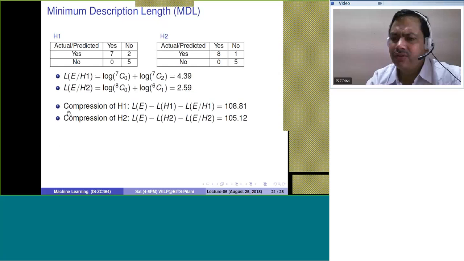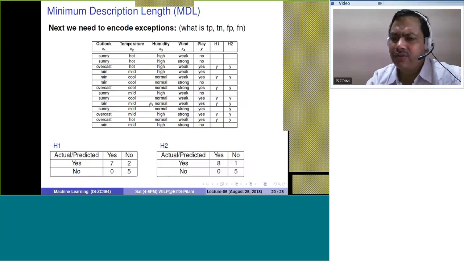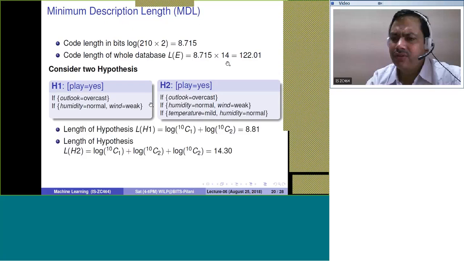Now again let me go to the original equation, where we want to find out how much compression we can do, and after doing the compression, how many bits I can save. Originally how many bits do we have? 120. Now we have done the computation here: 122.